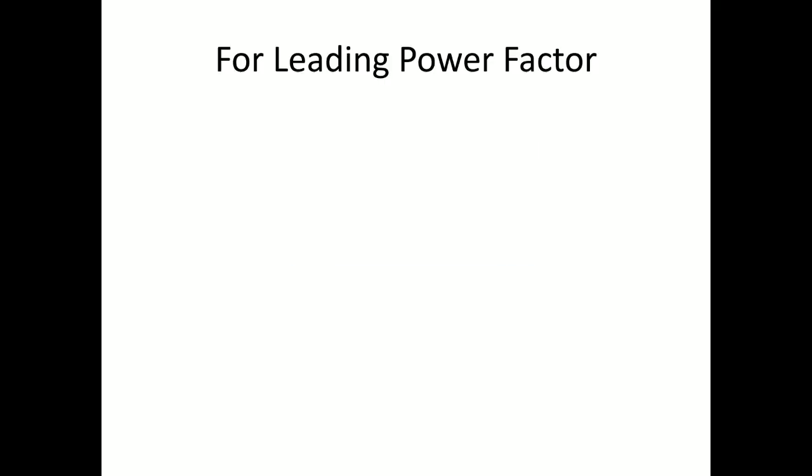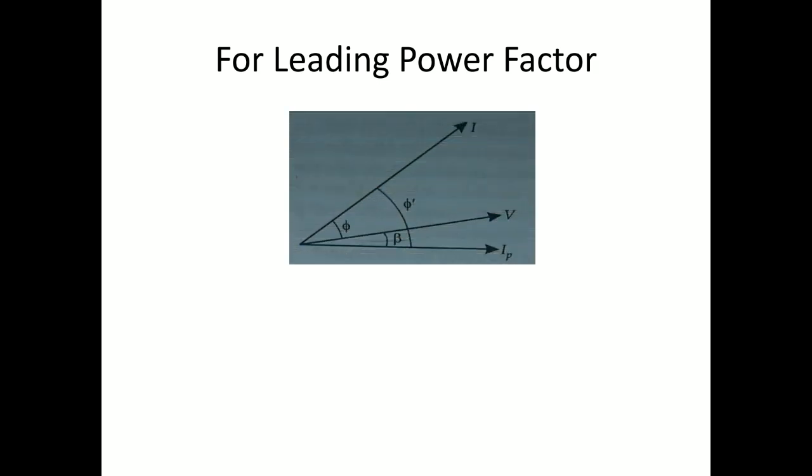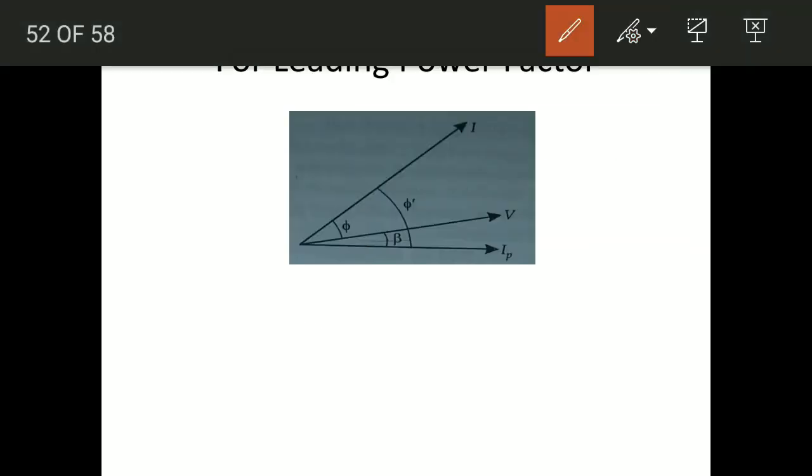Now the same logic you can implement for a leading power factor load condition. So the phasor diagram for this is shown over here. Now in this case, because the load is of leading nature, the supply current is definitely going to lead the voltage by an angle of phi.